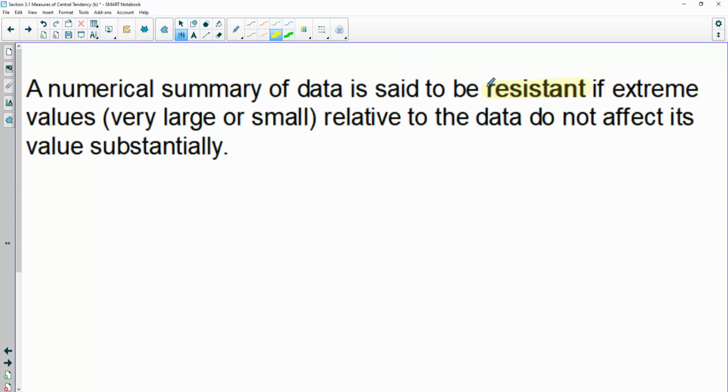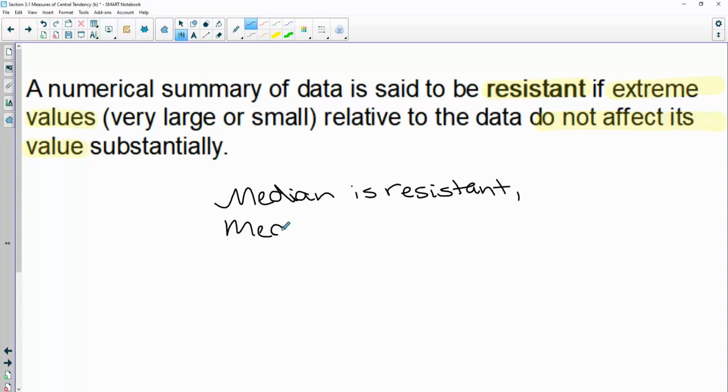If I were writing this down, I would just say resistant, and that means extreme values do not affect its value. In our terms, the median is resistant. A high or low value won't change it much, but the mean is not. One weird value will change it a lot.